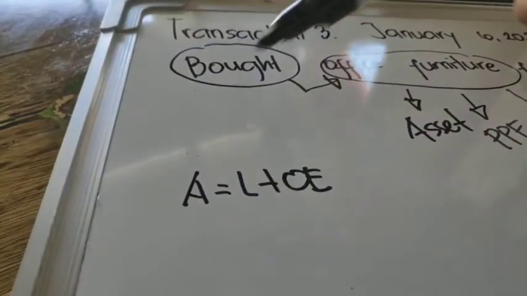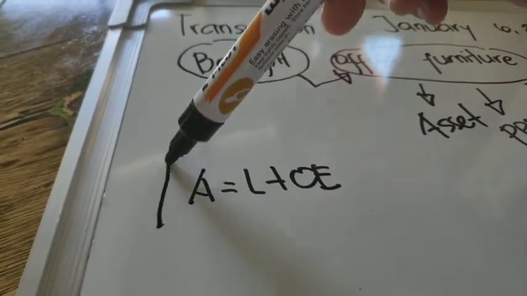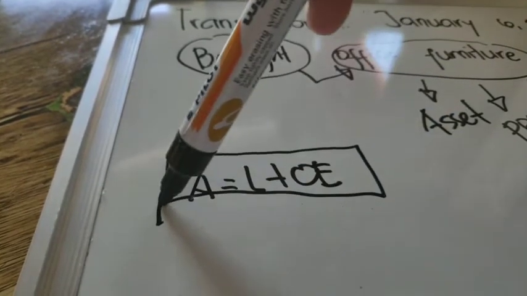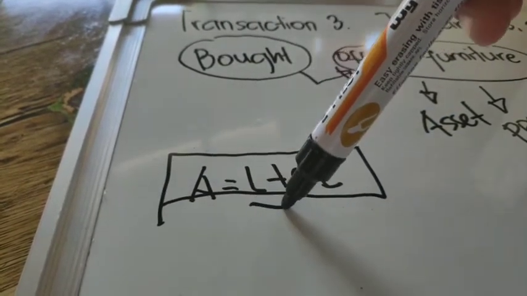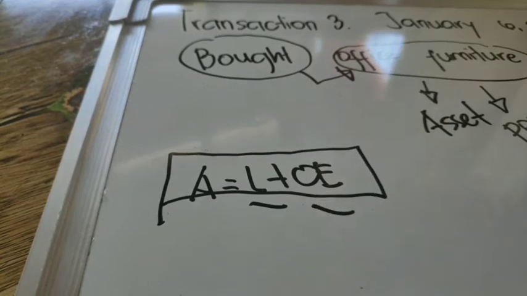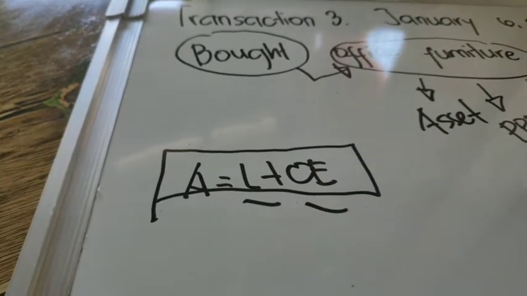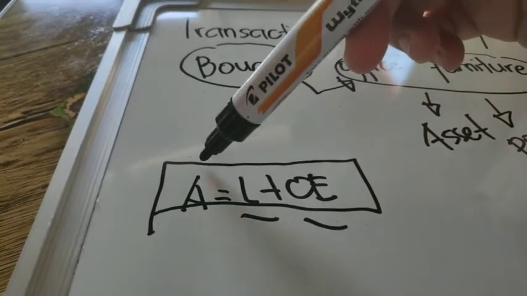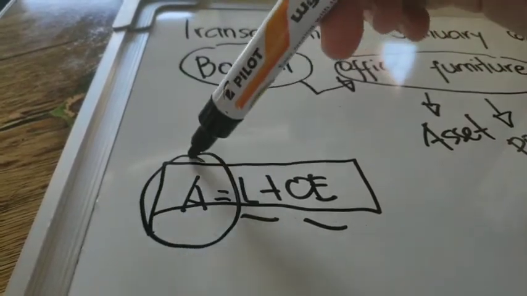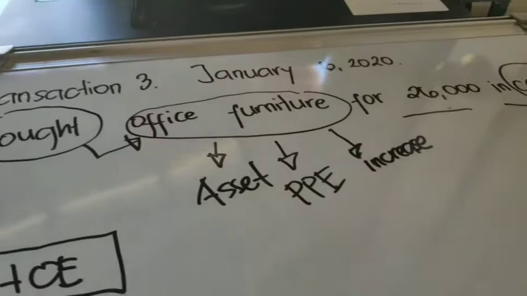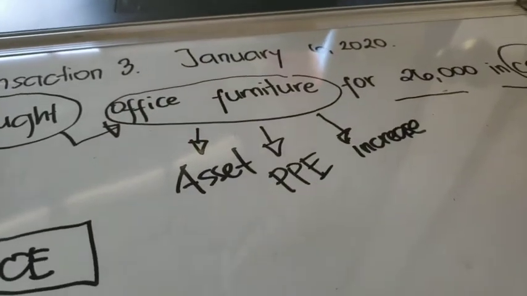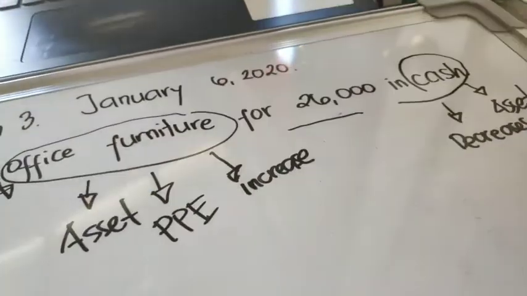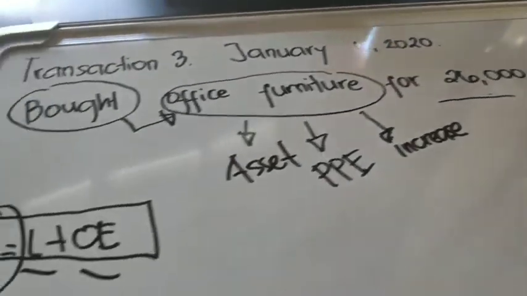There are instances where you cannot use liabilities or owner's equity, because some transactions only contain asset accounts, such as property, plant, and equipment, which is a non-current asset, and cash, which is a current asset.